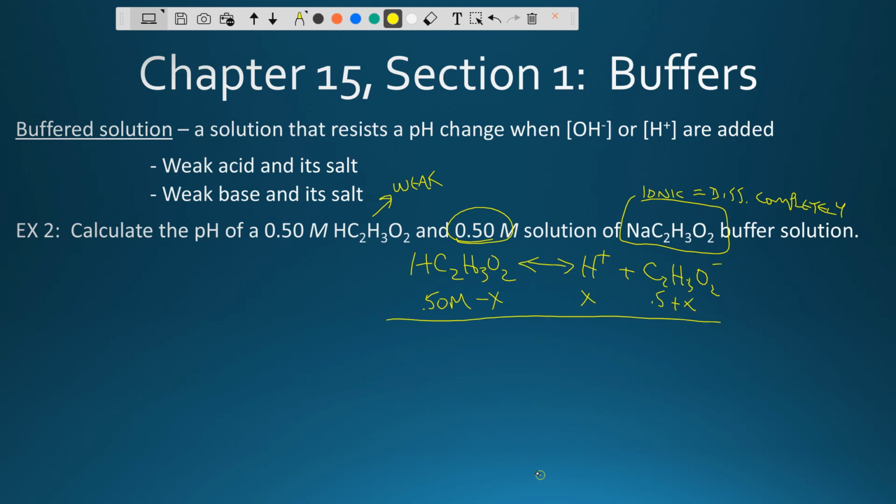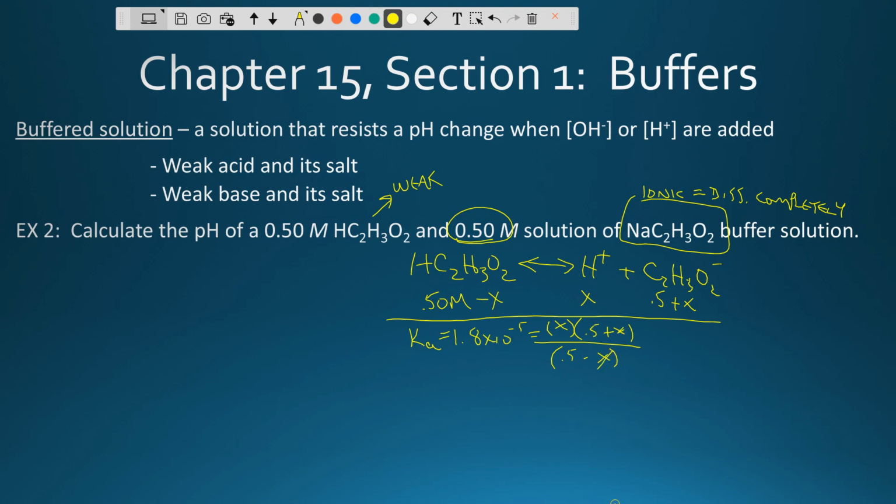All right, so using my table, we've done this quite a bit. My Ka value ends up being 1.8 times 10 to the negative 5, and that's going to equal my X for my hydrogen, my 0.5 plus X for my acetate, over my 0.5 minus X from the acetic acid. Again, these are going to be small values of X, so I can disregard those.